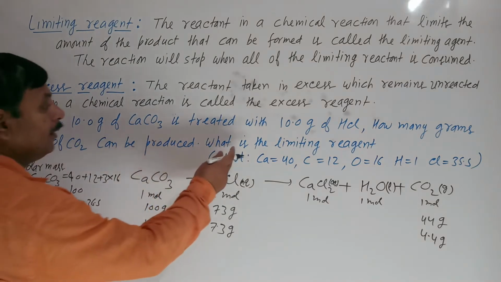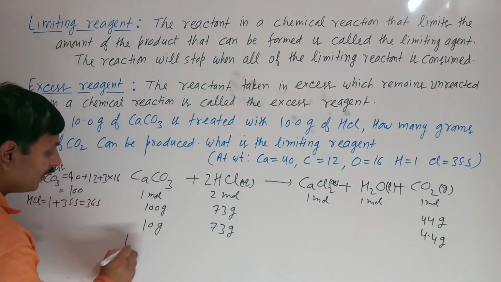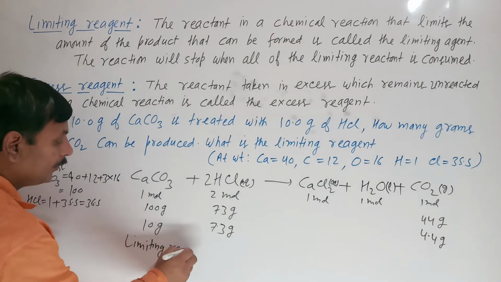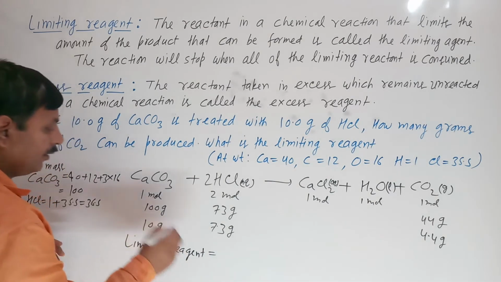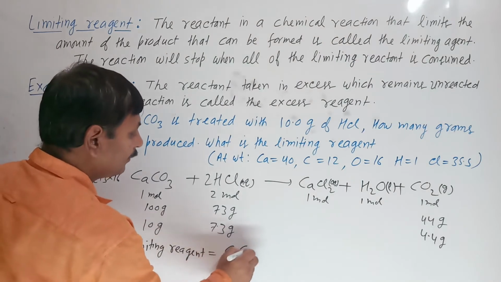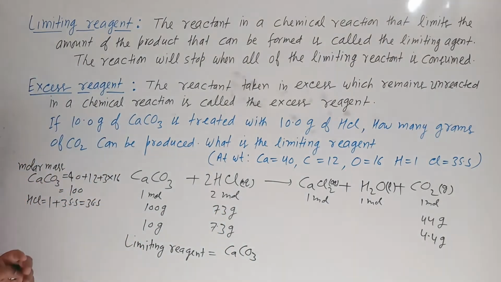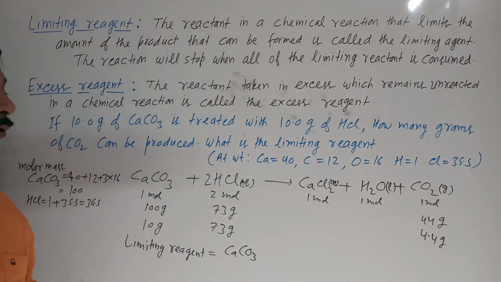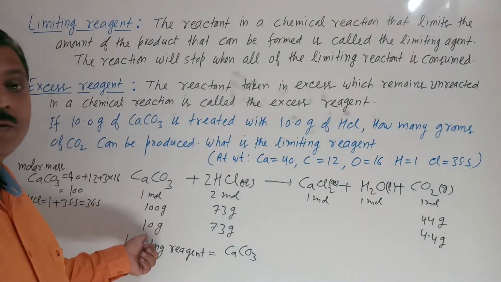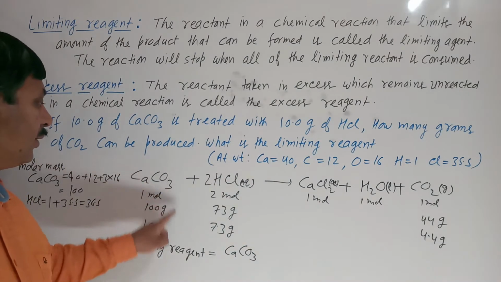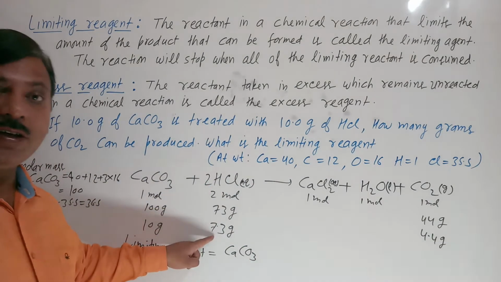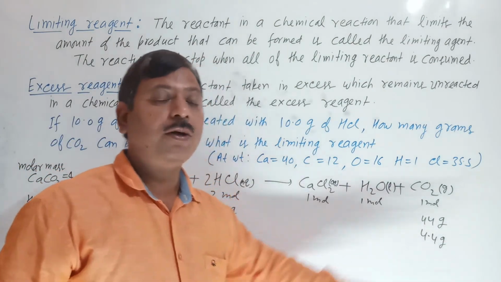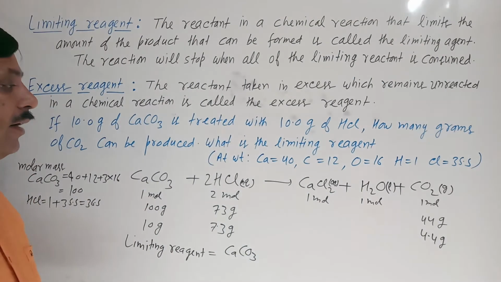So what is the limiting reagent? You can see here, the limiting reagent is calcium carbonate. And also they want how many grams of carbon dioxide are produced. So you can see when 10 gram of calcium carbonate is consumed, it will take 7.3 gram of HCl, and they will form 4.4 gram of carbon dioxide.